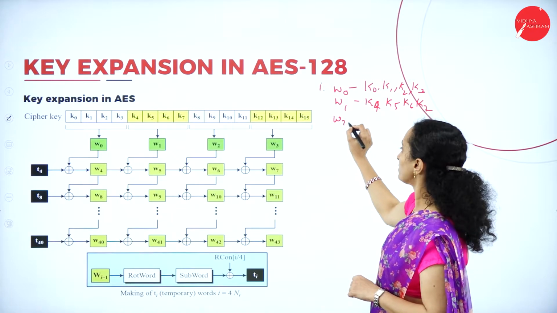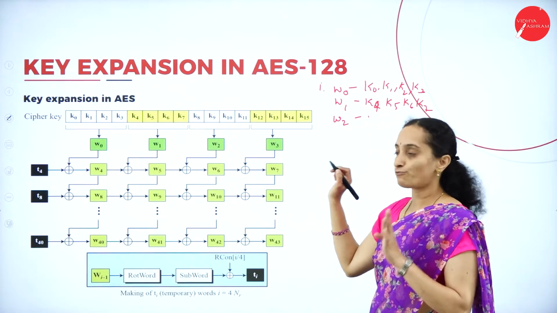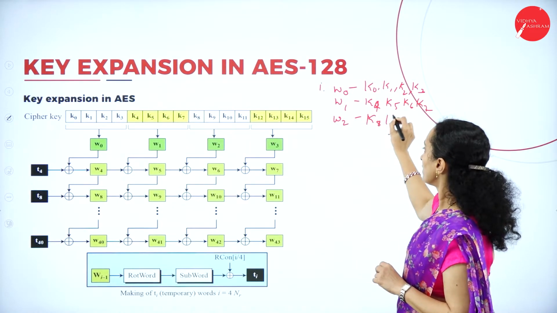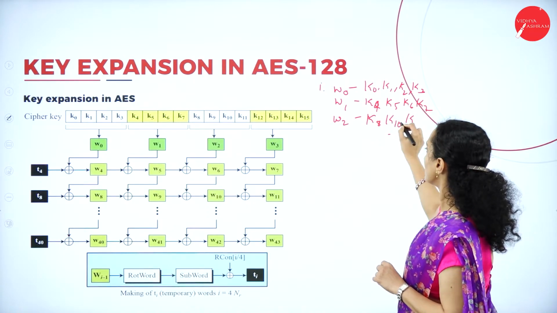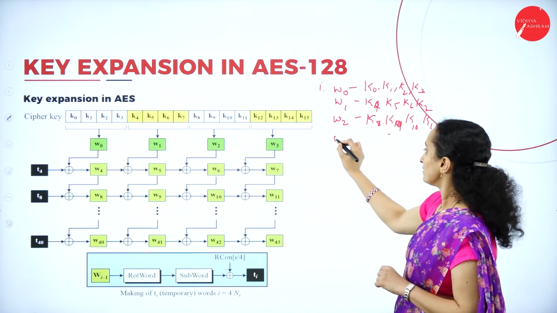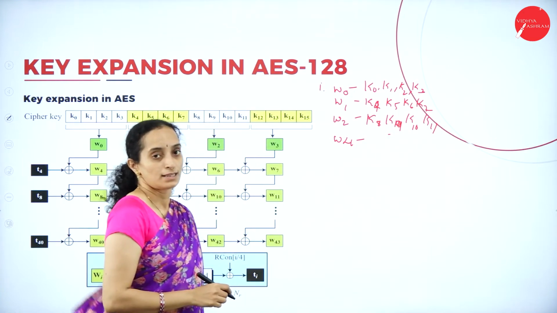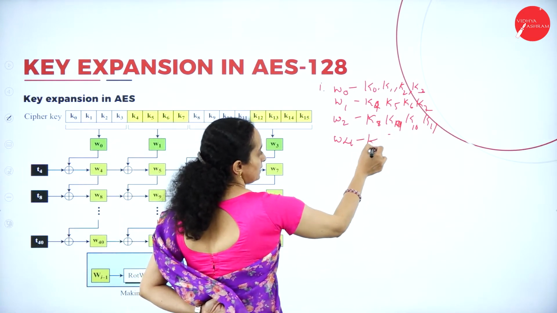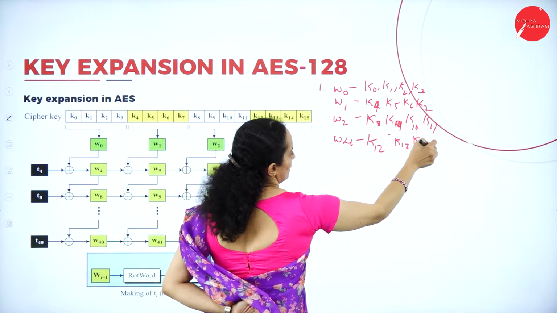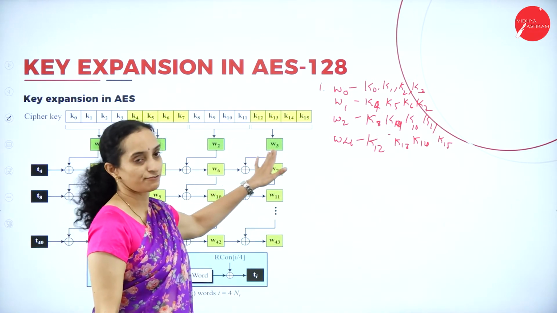Next, W2 is generated by using the next 4 bytes of key, that is K8 to K11. And the fourth word is generated by using the last 4 bytes, that is K12, K13, K14 and K15. So this is about the first round.